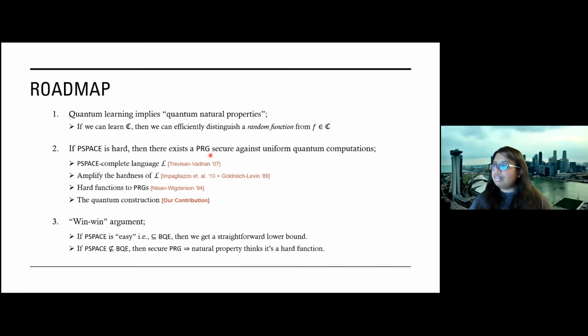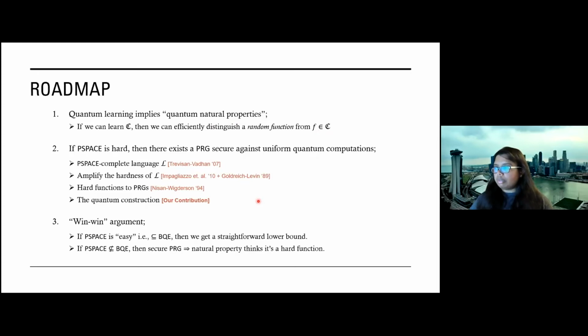And if I give this secure PRG to this quantum natural property, it's going to think that this is just a random function, so a very hard function. Think of an easy function as being something that's in the circuit class C, but a hard function is something that's outside of it, or random. So if you put all of these pieces together, that will give us the proof of the theorem.